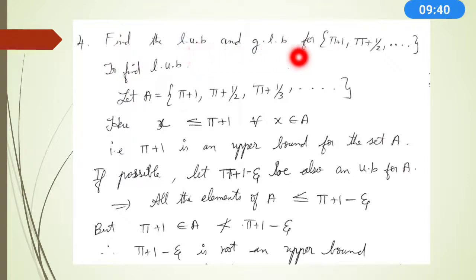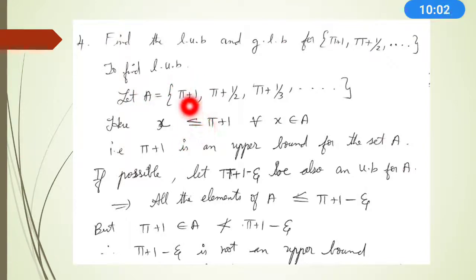Find the least upper bound and greatest lower bound for pi plus 1, pi plus 1 by 2, and so on. Now this is pi plus 1, pi plus 1 by 2, pi plus 1 by 3. My last element will be what? Pi plus infinity, isn't it? So to find the elements, first let me find the least upper bound.